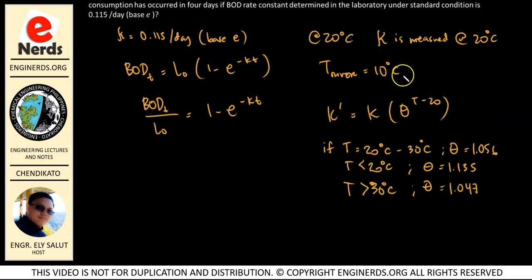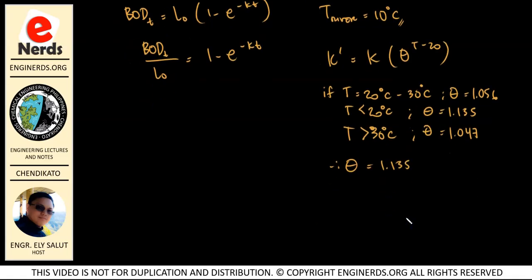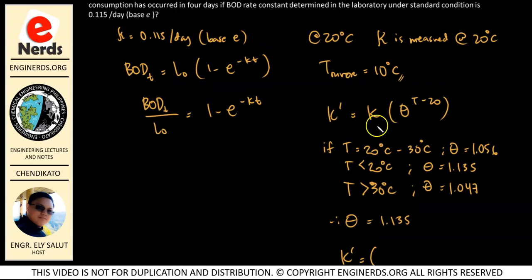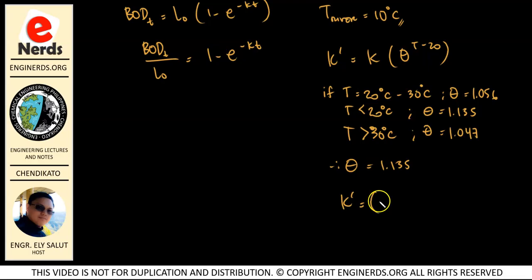So, in this case, ang temperature ng ating river is 10 degrees Celsius. So, it is less than 20 degrees Celsius. So therefore, our theta for this problem is equal to 1.135. Okay, so our K prime is equal to our K, ano yung value ng K natin at 20 degrees Celsius, 0.115 per day, times our theta.